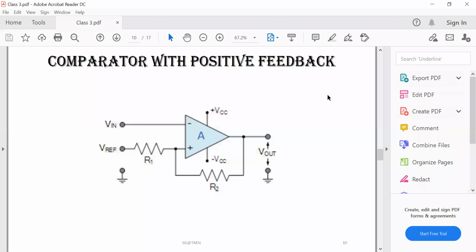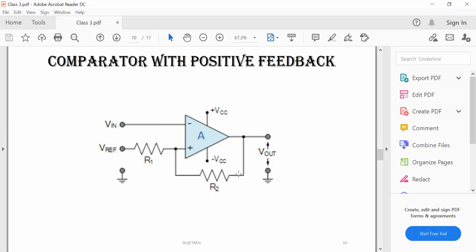As the name implies, positive feedback is a technique for feeding back a fraction of the output signal, in phase, to the non-inverting input of the op-amp via a potential divider set up by two resistors, with the amount of feedback being proportional to their ratio.